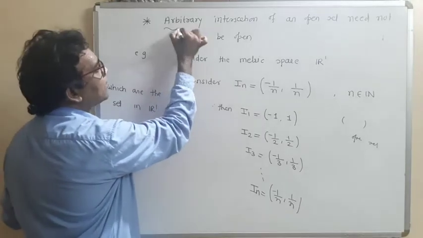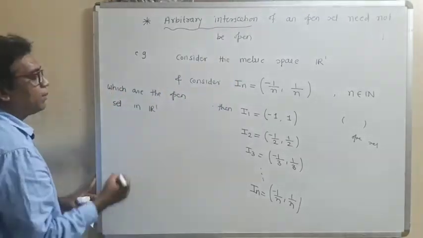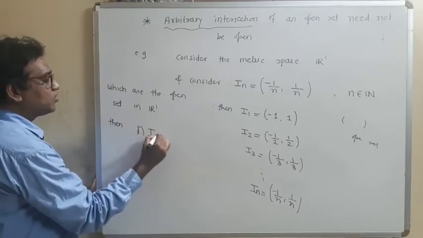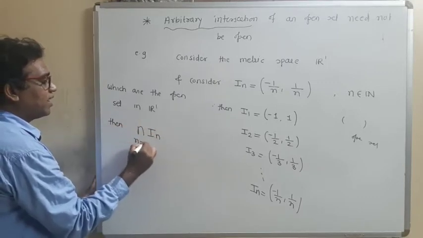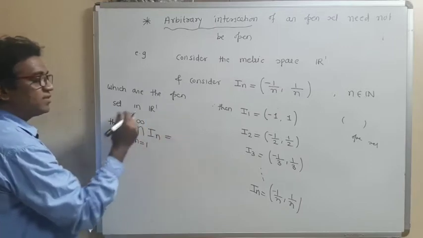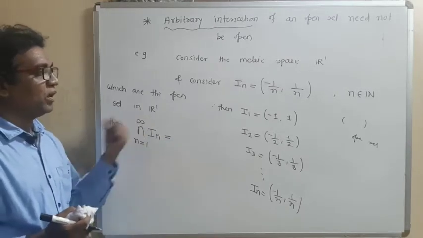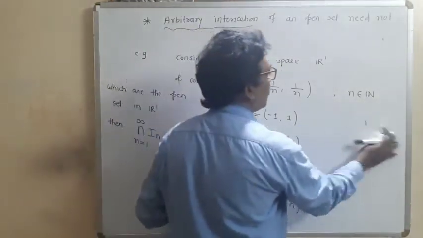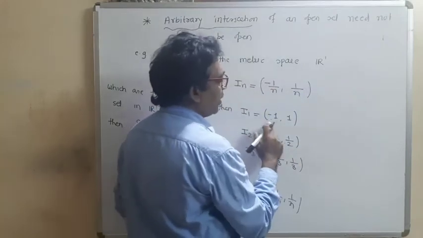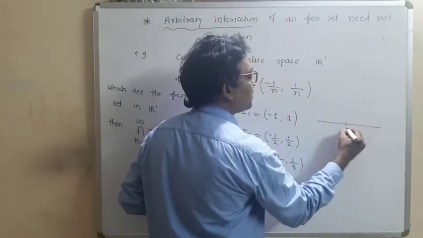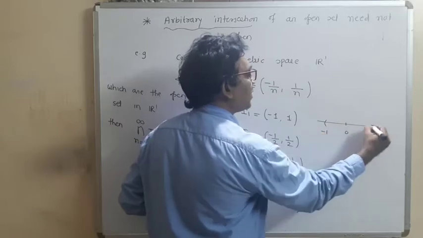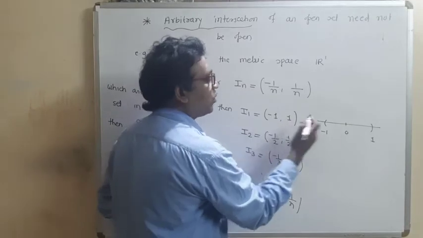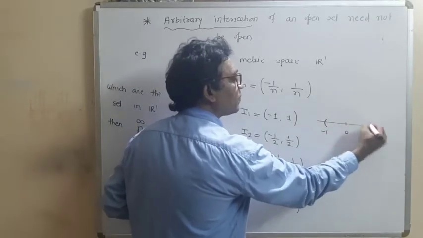Now suppose we take the arbitrary intersection, that is, the intersection of these open intervals from n equal to 1 to infinity. Let us take the intersection of all these intervals. Suppose this is the middle number 0, this is minus 1, and this is plus 1. This is our first interval, minus 1 to plus 1.